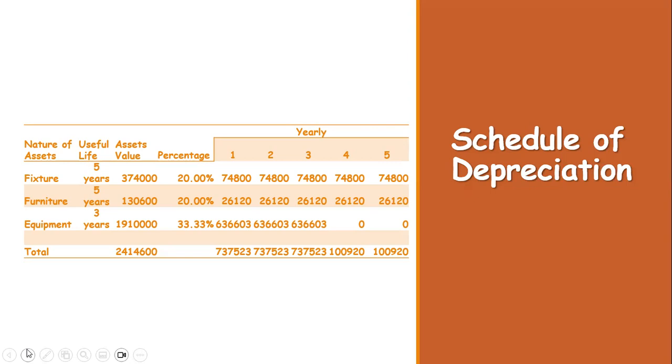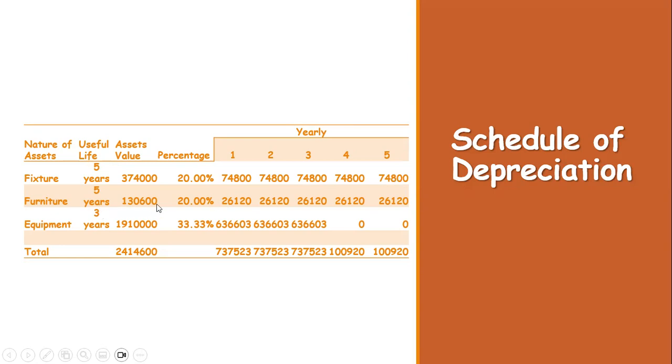Now, first of all, the value for the fixtures comes to 374,000, and its depreciation comes to 20%. It means 74,800 will be divided equally in 5 parts.